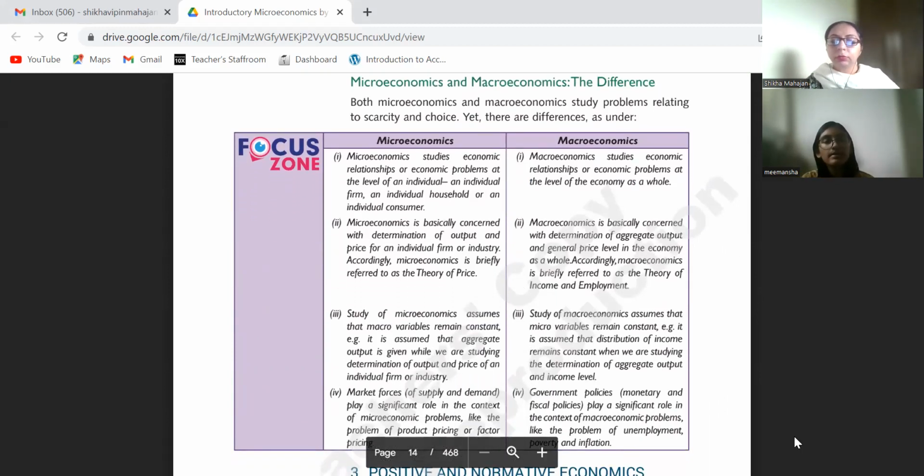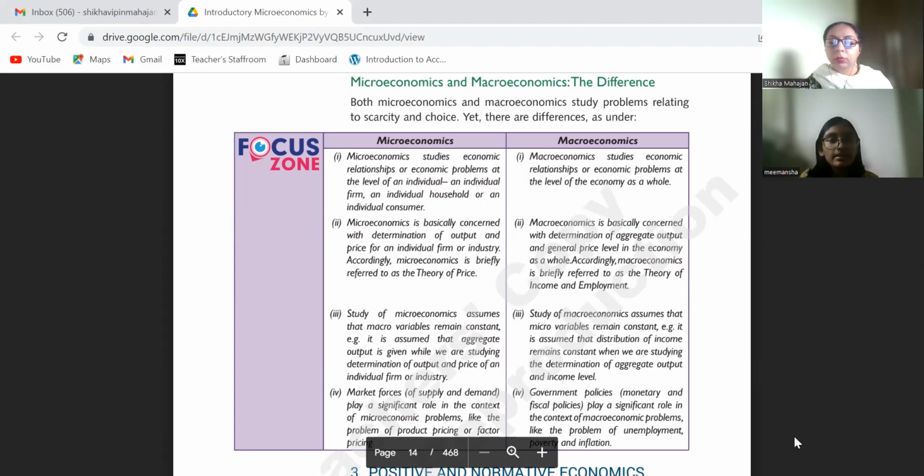Microeconomics studies economic relations or economic problems at the level of an individual firm, an individual household, or an individual consumer, anything but individual. And macroeconomics studies economic relations or economic problems at the level of the economy as a whole.